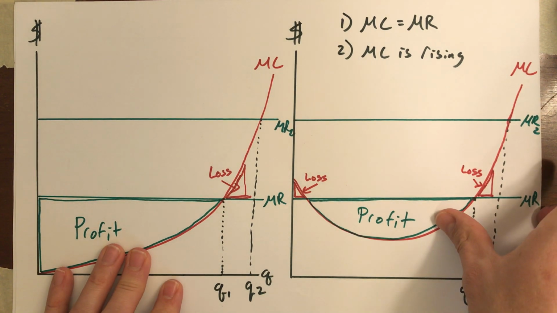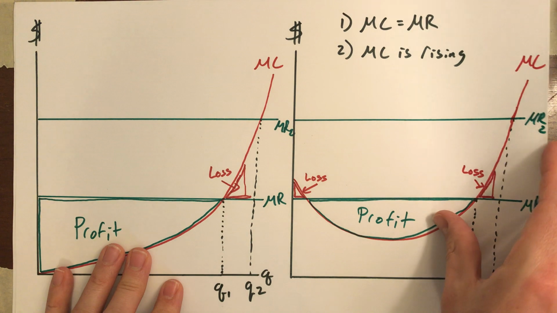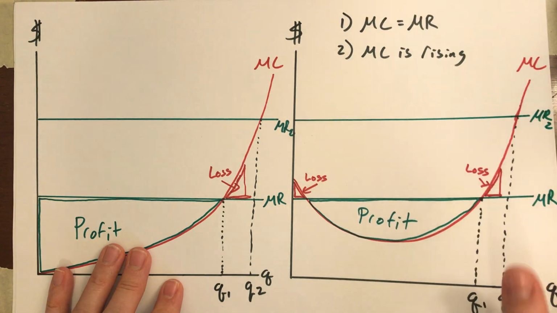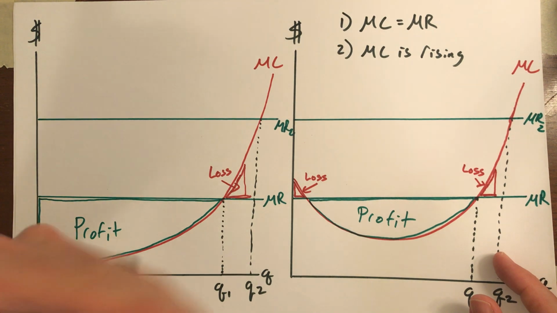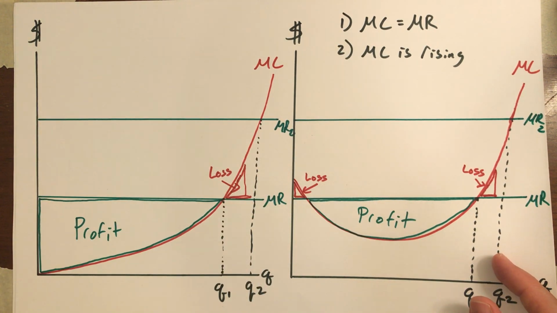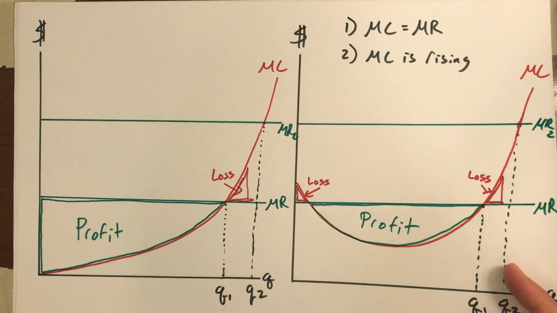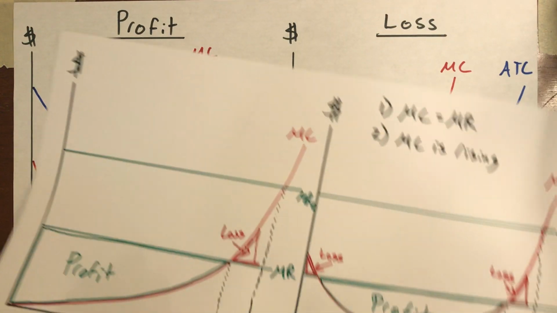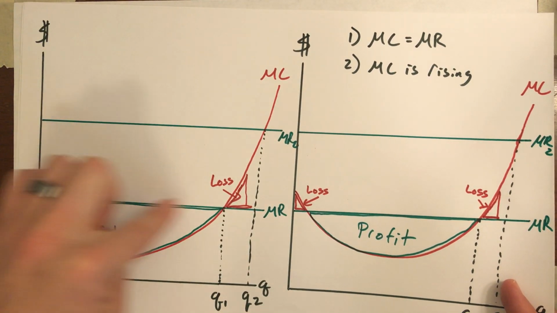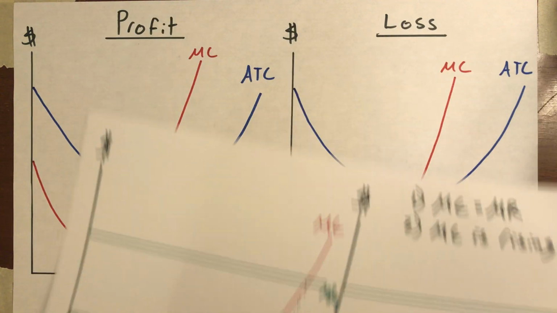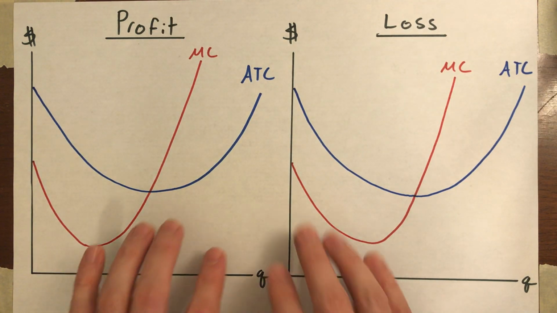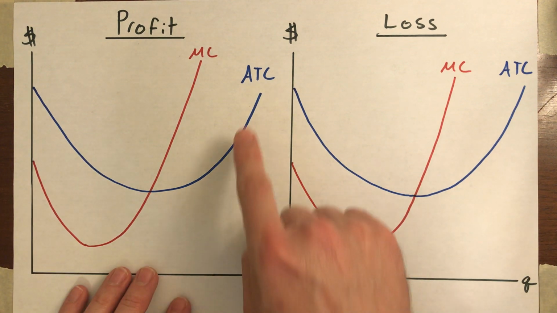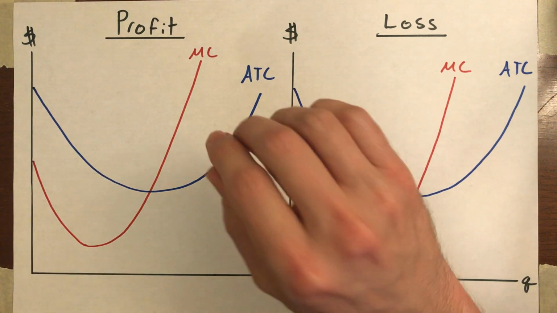And so at the principles level, we're going to complicate these graphs a little bit, but that's going to make it simpler to represent profit on the graph. All right, so here is how we do that. Here we had a marginal cost curve and a marginal revenue curve. On the next graphs, we're going to introduce a new curve, which is the average total cost curve.